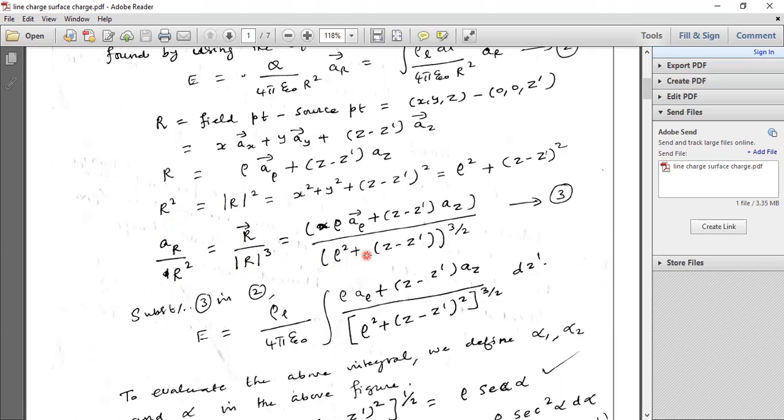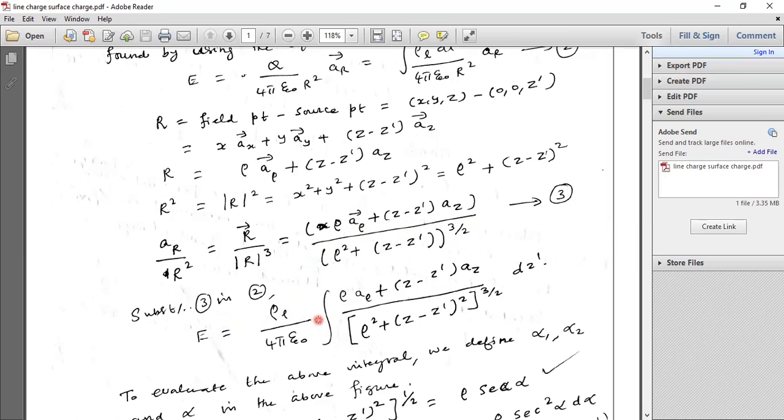Substituting the value of R, we get the root of rho square plus (z minus z dash) whole square, whole cube. That root is a power of 1 by 2, so we have 3 by 2 here. The numerator is rho A rho plus (z minus z dash) A z.